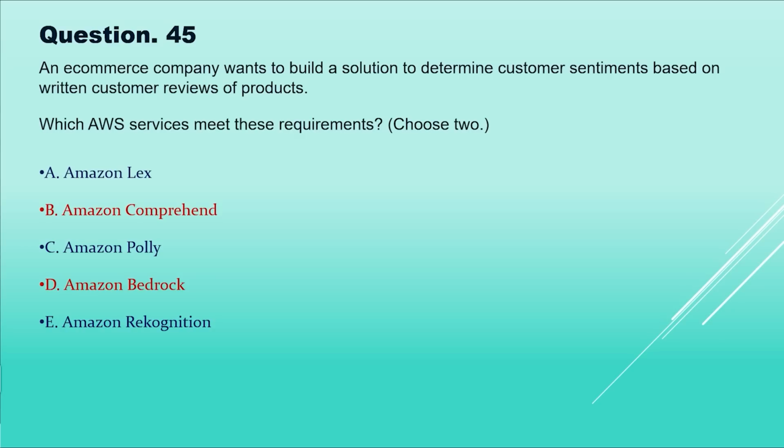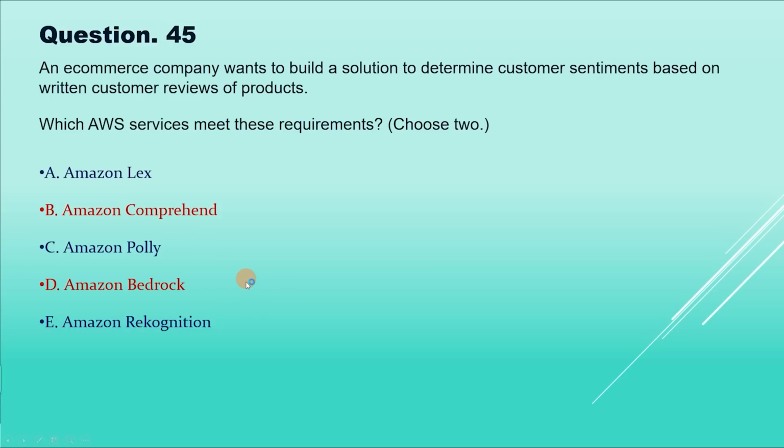And Amazon Bedrock is a fully managed service that makes foundation models accessible with simple API calls. So it allows you to build generative AI applications for various use cases including sentiment analysis. So option B and option D are the correct answer here.